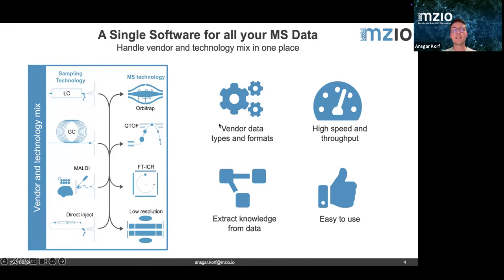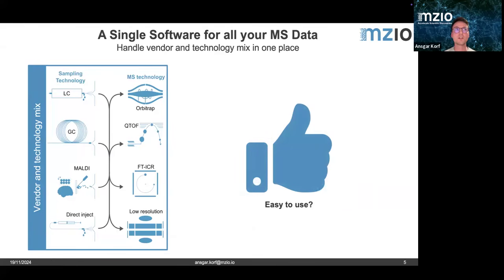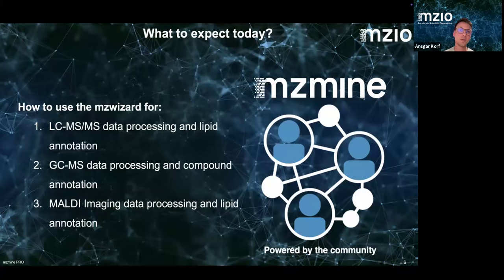On top of that, they come from different vendors, which means also different data type formats. mzmine wants to handle all these different types and formats, and also tries to be as high throughput and extract as much knowledge from these data. So the question is, how can we still be easy to use? Because we want to manage a lot of different data in a single software.